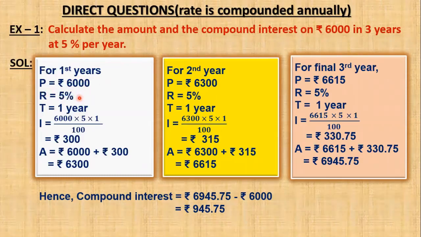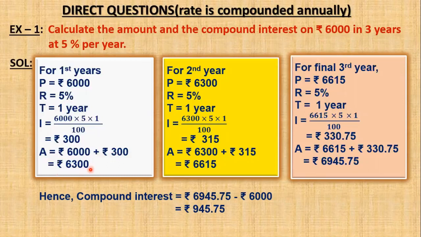Rate is 5% per annum. Time 1 year. So interest will be equal to principal multiplied by rate multiplied by time upon 100, that is rupees 300. So amount for first year is rupees 6,000 plus interest rupees 300, that is rupees 6,300.